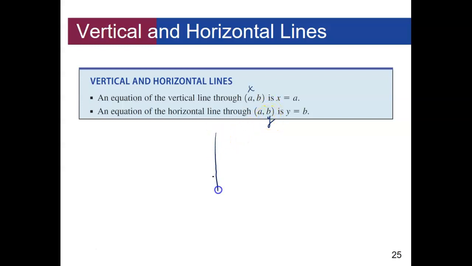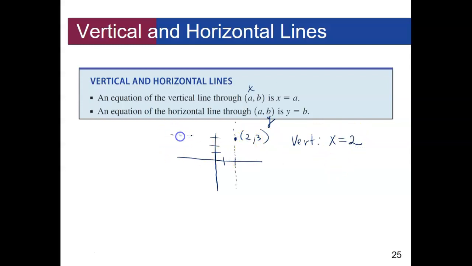So let's think about this point here. We have the point (2, 3). If I want a vertical line through this, and again, I apologize for not being able to draw straight lines, a vertical line is going to be in the form x equals, and the x that it equals is the x coordinate of my point. So it's going to be x = 2.